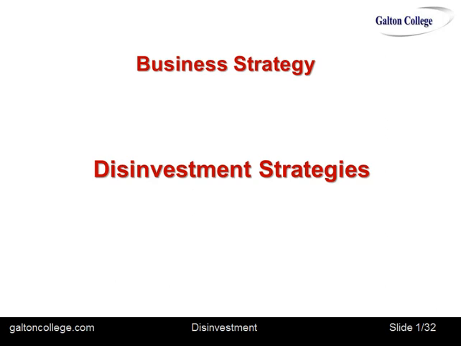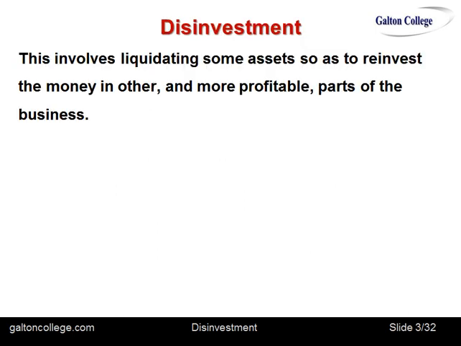This class will look at the topic of disinvestment and disinvestment strategies. Disinvestment involves liquidating some assets so as to reinvest the money in other and more profitable parts of the business. So it's looking critically at profitability of different parts of the business and then disposing of those parts which are not contributing significantly to the overall performance of the business.